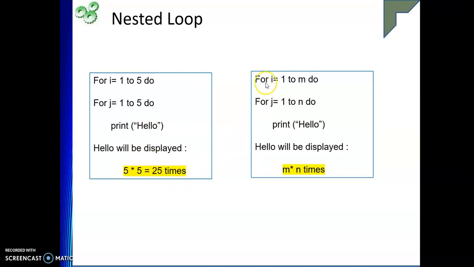Similarly, on the right hand side, if i equals 1 to m and j equals 1 to n, do print hello, then hello will be displayed m into n times. This must be very, very clear. So we have two loops: the outer loop going for m times and the inner loop going for n times. So the total number of times the print hello inside the j loop is executed is m into n times.